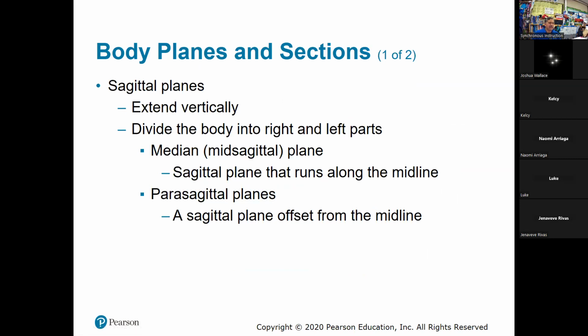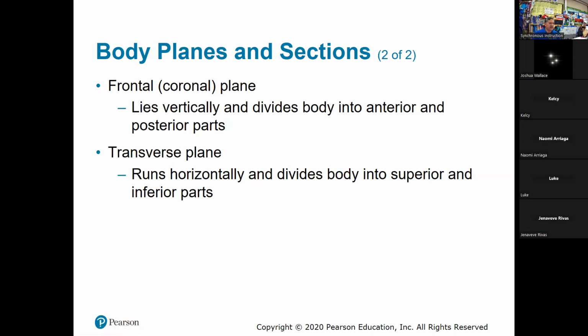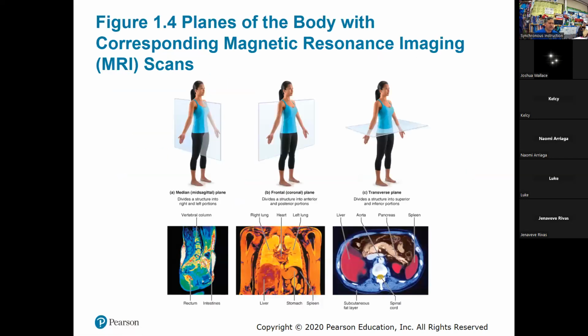All right, and then there are different planes. And so there's the median plane, the parasagittal plane, and again, best to see it in the pictures, the frontal plane and the transverse plane. Those are the different planes when you dissect an organism, specifically a human. If you were to cut through the center of a cadaver in this orientation, that's a median plane.